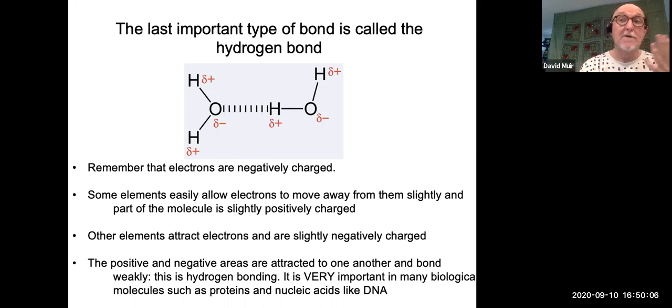It's why water forms ice, for example, when you freeze it. It's why water is such a very good solvent. We won't discuss exactly why, but all of the properties of water are because of its ability to form these hydrogen bonds, because of this differential of charge around it.